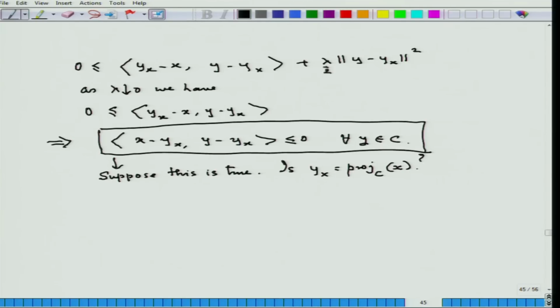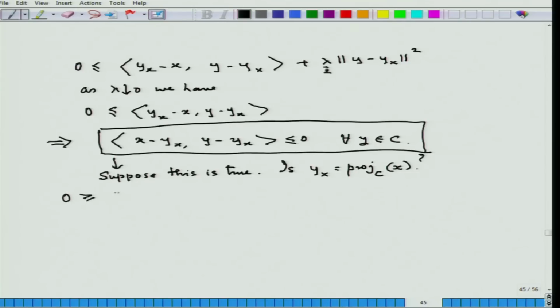So, there is a beautiful result which has this beautiful correspondence. So, okay, what you have is the following: 0 is bigger than or equal to the inner product of x minus y x, y minus y x. So, again you can write this as y minus x plus x minus y x.